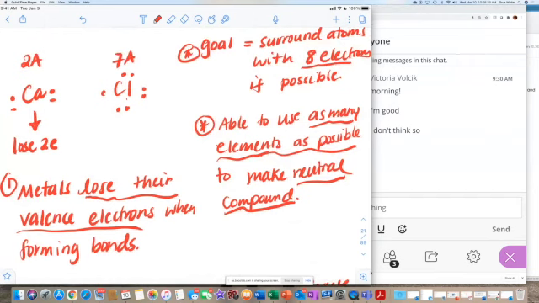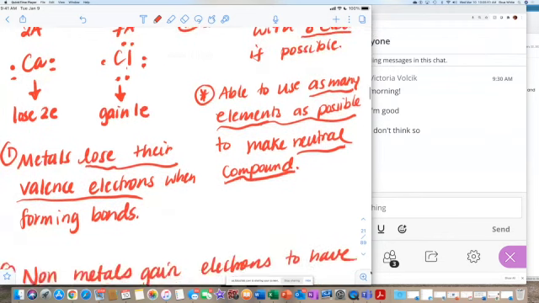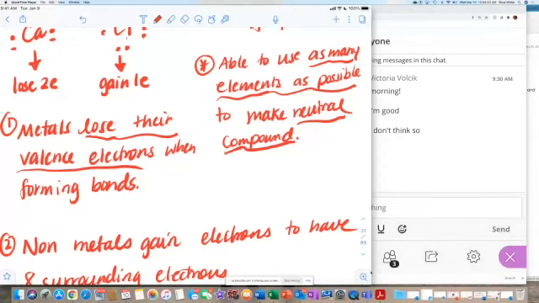So in my elemental symbol, when I look at chlorine right now, it's like 1, 2, 3, 4, 5, 6, 7. Ooh, it just needs 1 to get to 8, right? So the future we see for chlorine is it will gain 1 electron, okay? Based on these recalling of the properties of metals and nonmetals.